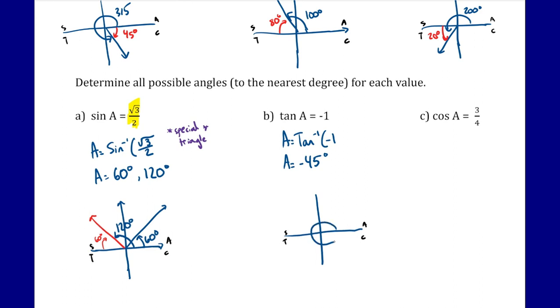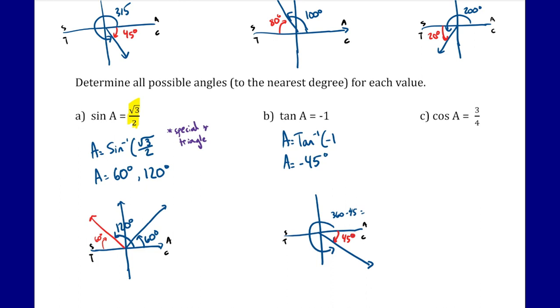Normally we measure counterclockwise, and negative means we go clockwise. So we go this direction 45 to our terminal arm, which means the actual angle for this one is 360 minus 45 degrees, or 315.